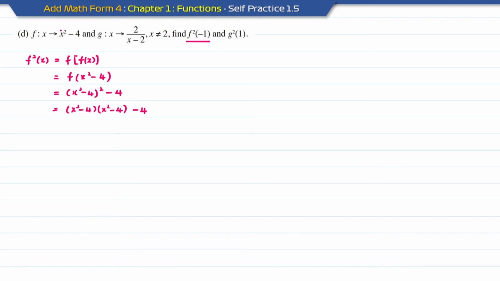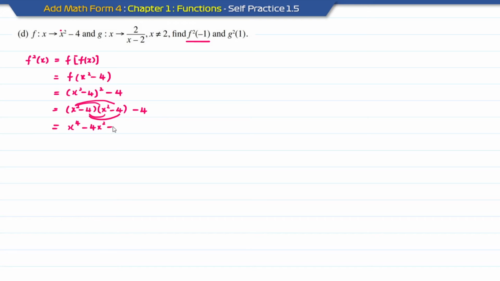Then you are going to expand it. What you're going to have next is x squared multiplied by x squared, which gives you x to the power of 4. Then x squared multiplied by negative 4 is negative 4x squared.